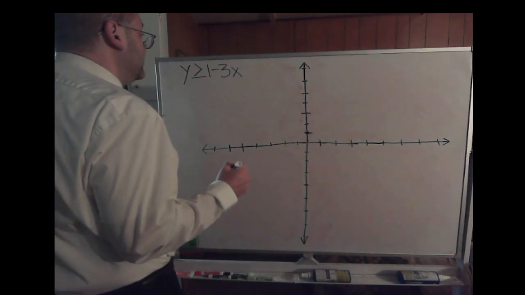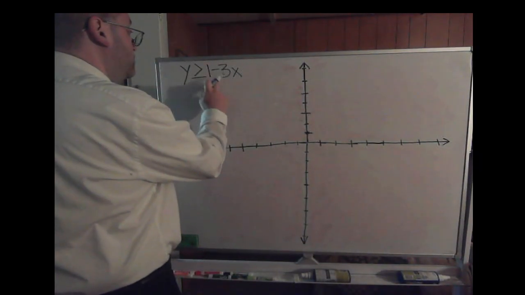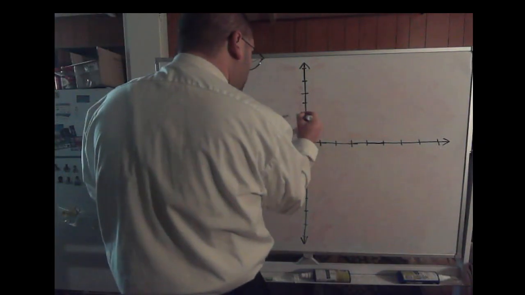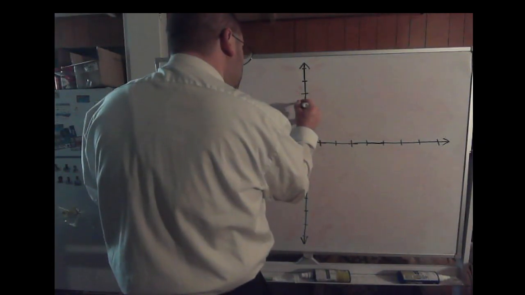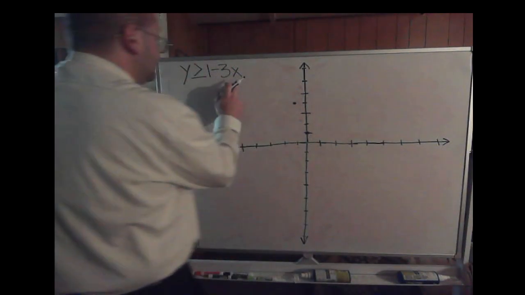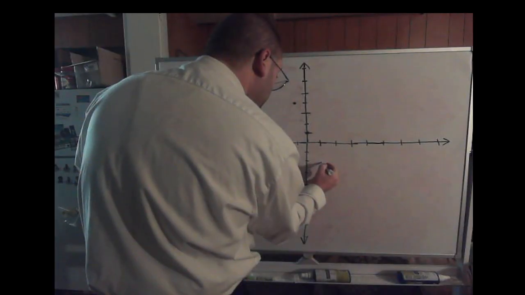Alright, let's see. How about when x is negative 1? So 1 minus, that'd actually be 1 plus 3, that would be 4. Then when x is 1, you would get negative 2.